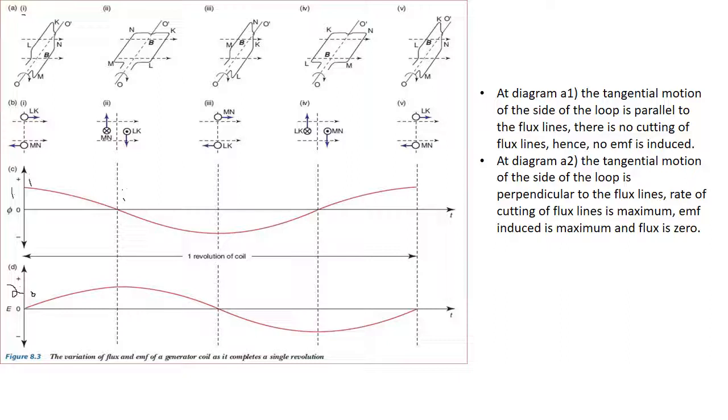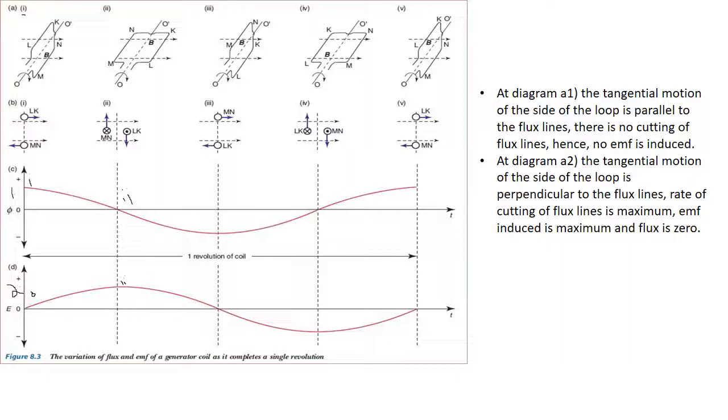And when the coil is horizontal, the tangential motion of the coil is perpendicular to the magnetic flux. And when this happens, the EMF is maximum. As you can see here, I'll put it as number 2 again, which refers to diagram A2.